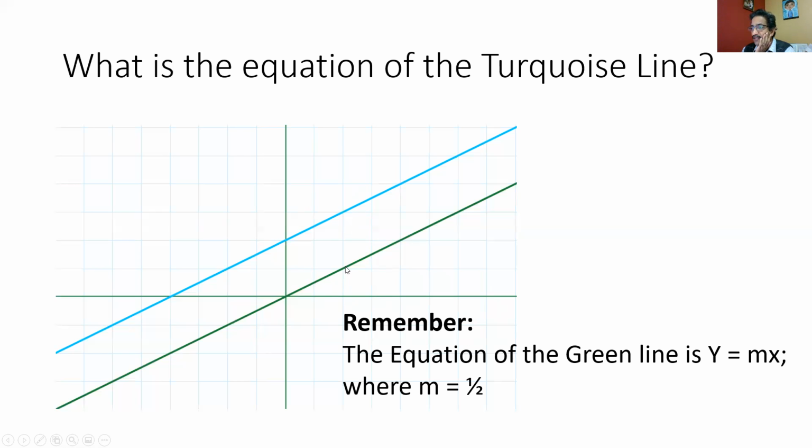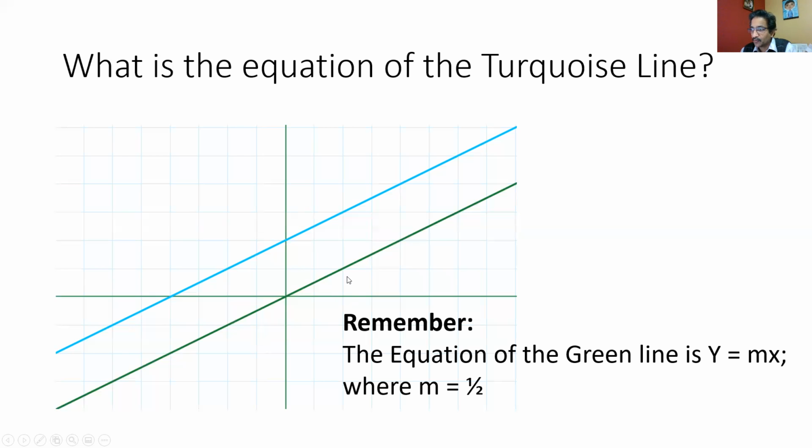For the green line, you can figure out the point. Given x is 2, you get this point right here, y is equal to mx, where m is half, 1 by 2. So y is half of x, and that's why, given x is equal to 2, you get y as 1.